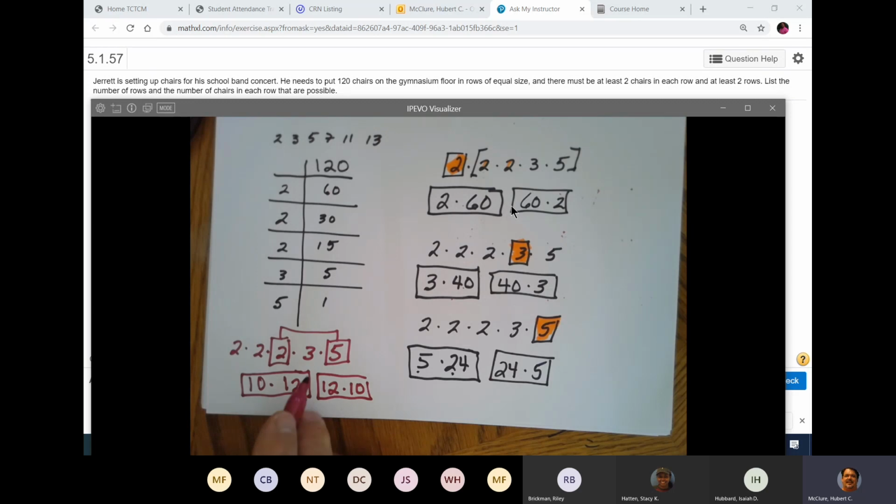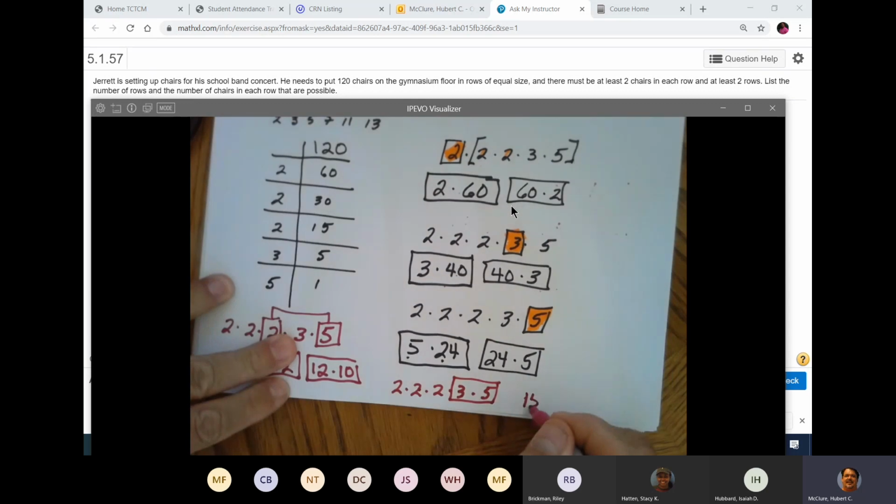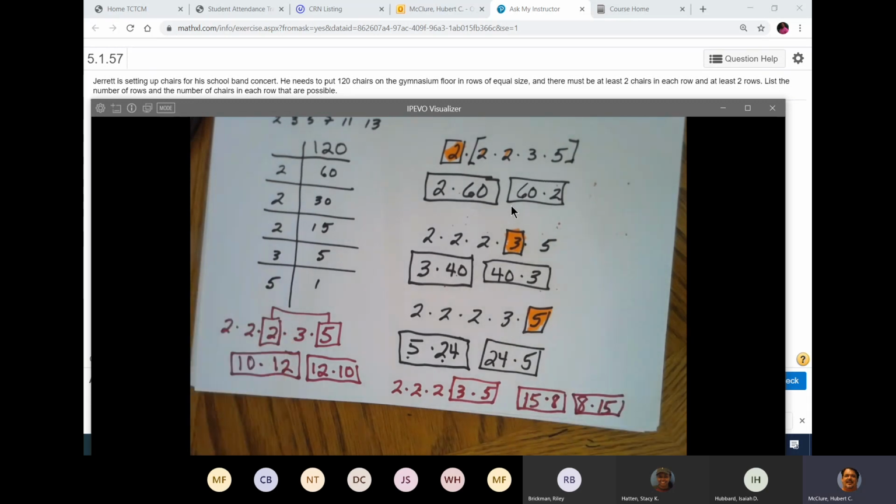And we can do the 15 right here. So I'm going to write down 2 times 2 times 2 times 3 times 5. 15 times 8, or 8 times 15. And I think that will pretty much do it, because then you start lapping back around and going, well, 3 times 2 is 6.